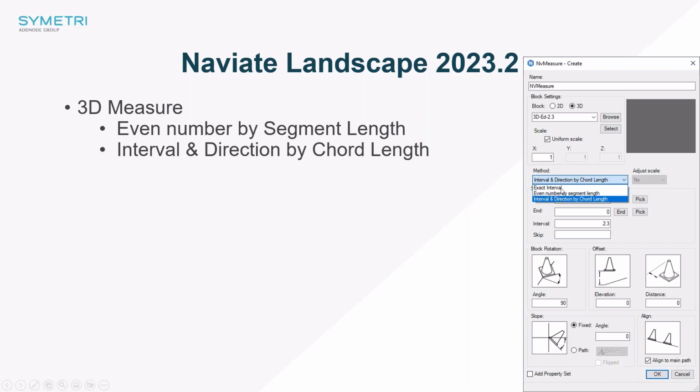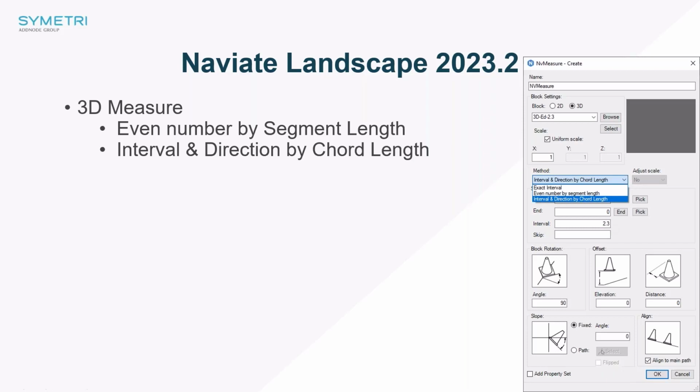The method we had previously was exact interval. It follows the exact interval you enter. Now we have even number by segment length, which means it's going to divide the length of each segment in the line that you've selected and create an even number of the interval that you've set.